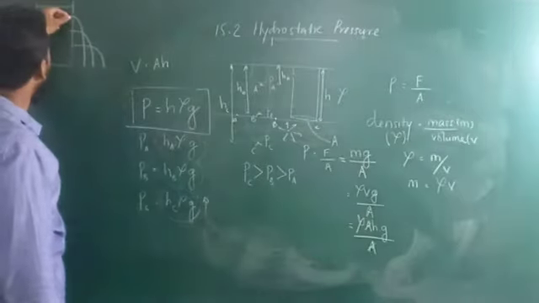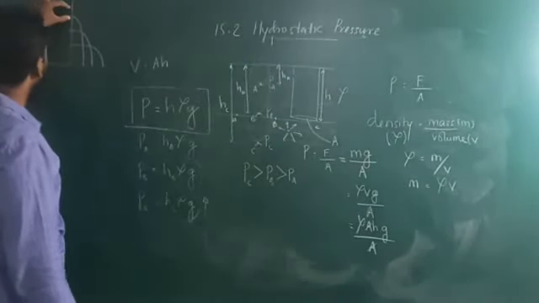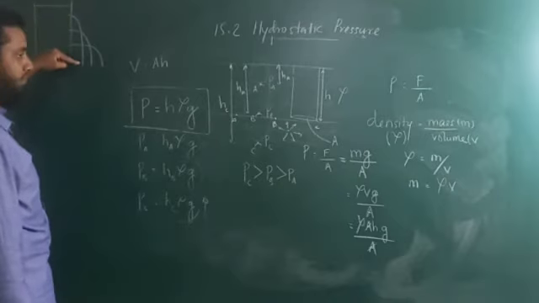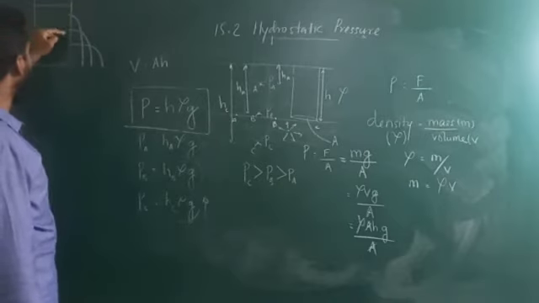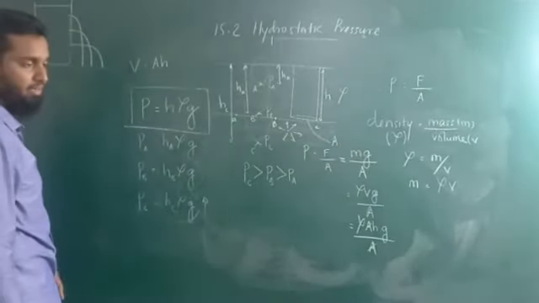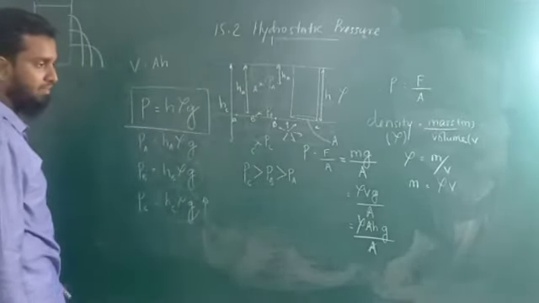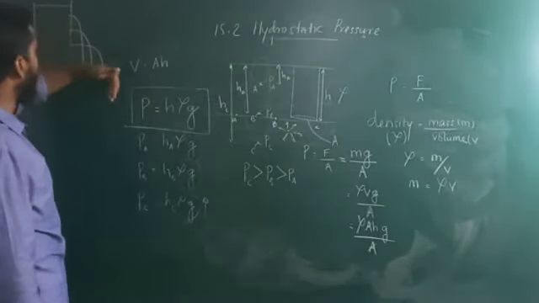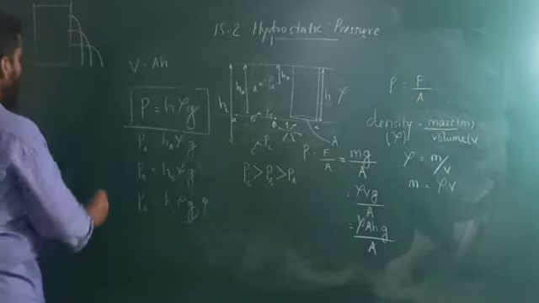Here there is less pressure for this liquid column, therefore less displacement. More pressure, most pressure, most displacement can be seen. Therefore we can say with the depth the pressure gets increased.